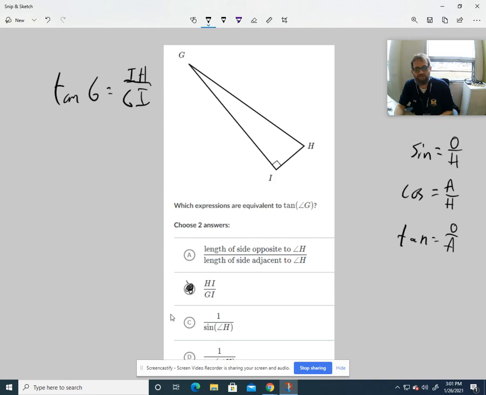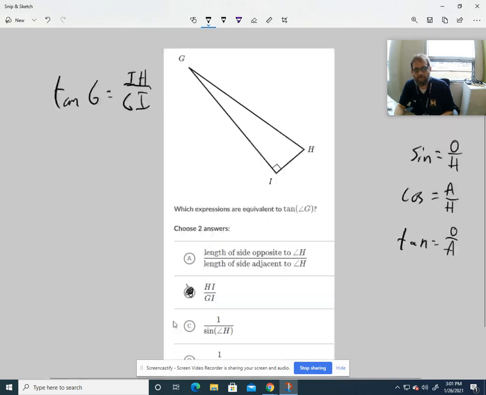Now, what's the other one? The other one is really hard, and we'll just do it by elimination. The length of the side opposite of H, which would be GI, over the length of the side adjacent to H, which would be IH. So literally, this is describing the reciprocal. It's upside down.